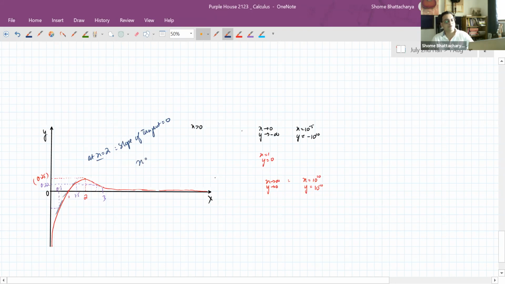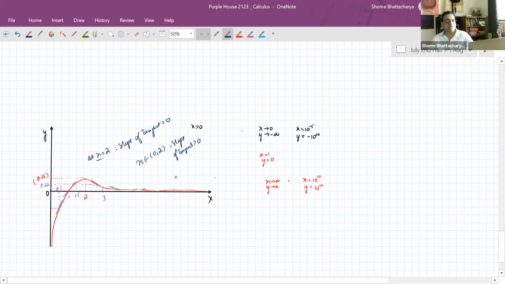So for x belonging to the interval 0 to 2, the slope of tangent is positive. And if you draw a tangent anywhere after 2, whether here or here, you can see that it has a negative slope. It becomes more and more flat, parallel to the x-axis, but it's still negative because y is decreasing.